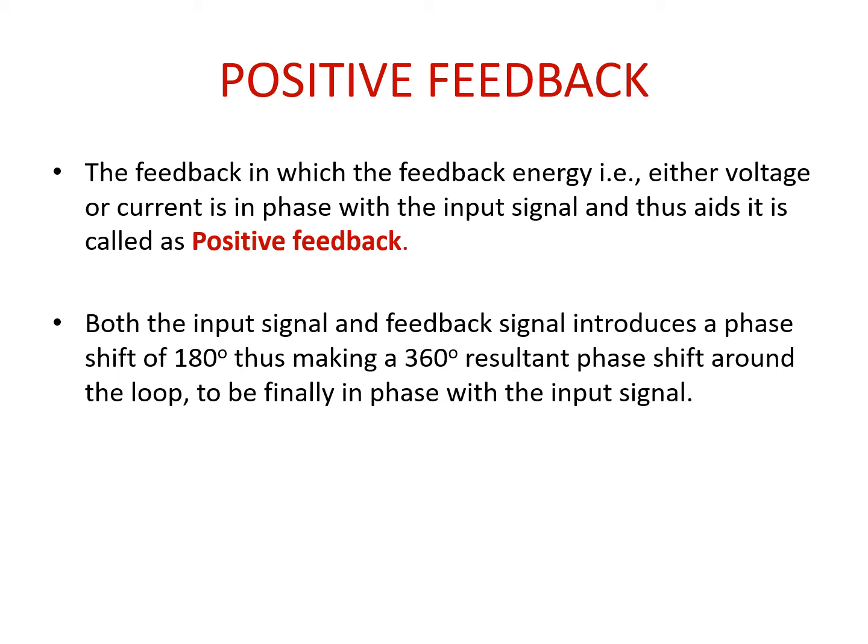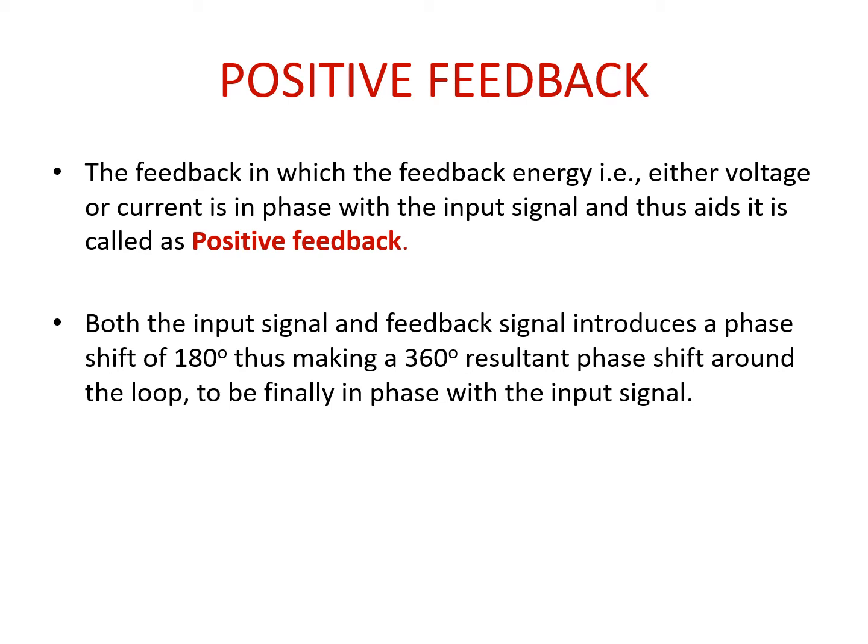It is called positive feedback because there are two types of signals: the input signal that we give to the amplifier, and the feedback signal that we get from the feedback circuit. These two signals, the input signal and the feedback signal, should be in phase with each other, meaning both of these create a 180-degree phase shift.